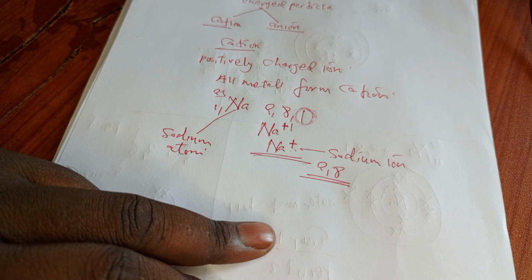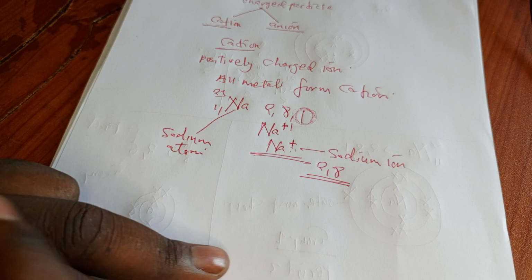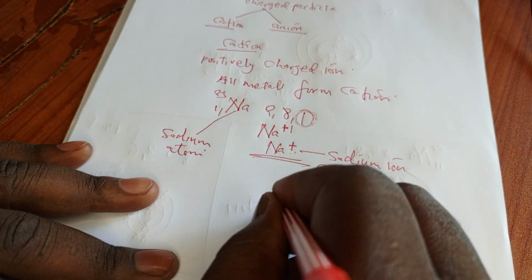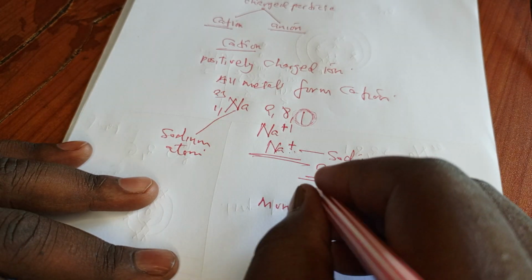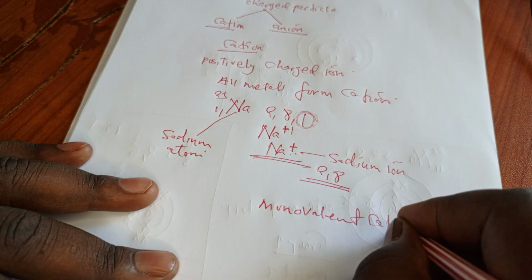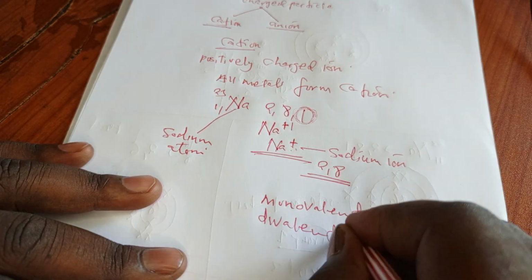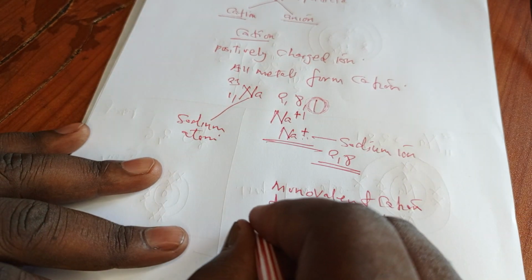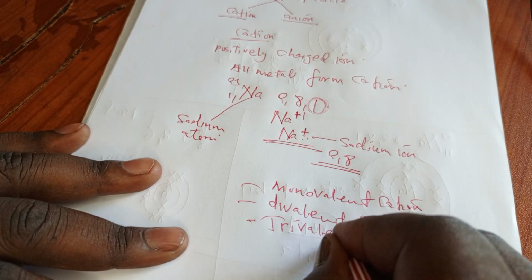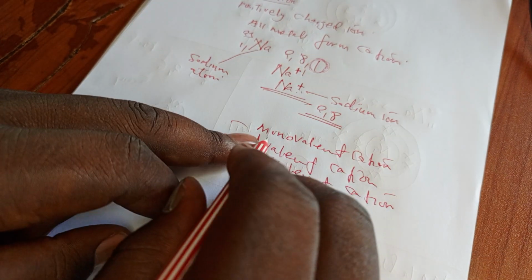So when an atom loses a single electron, we have a monovalent cation, also a divalent cation, and a trivalent cation. So all these are cations.